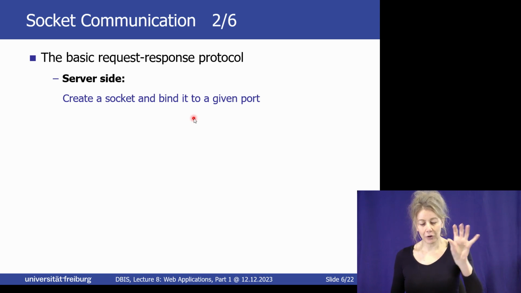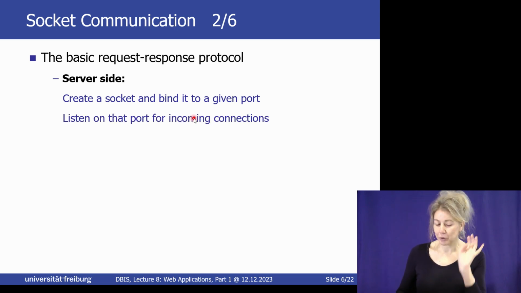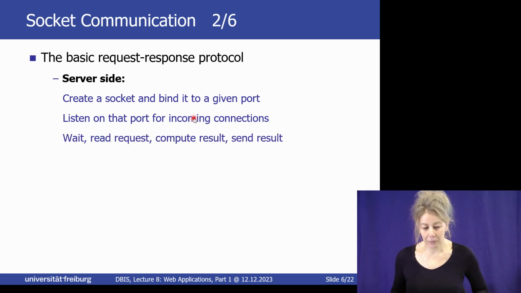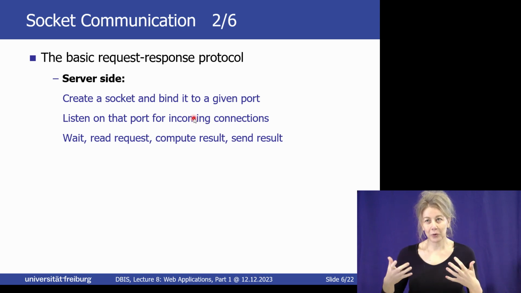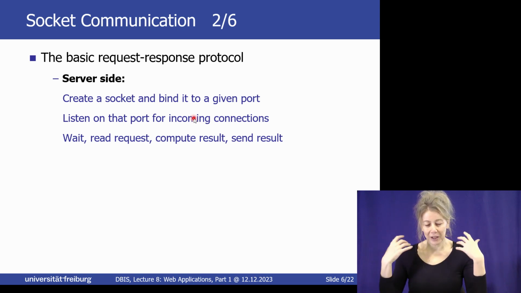So please, you can call me under this number on that machine. And then you just listen on that port. You're sitting beside the phone and waiting for someone to call. You wait. If someone calls, you hear what they want. You do your work. They want something. You have to fetch a file, compute something. You send it back. You wait for a call.